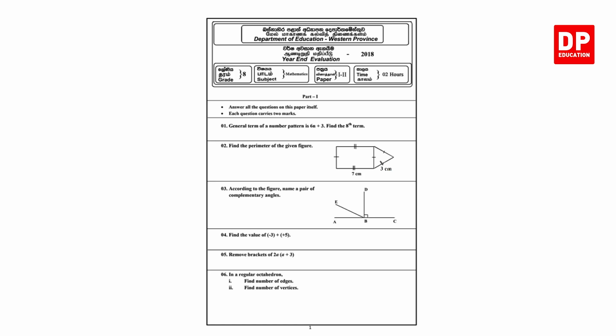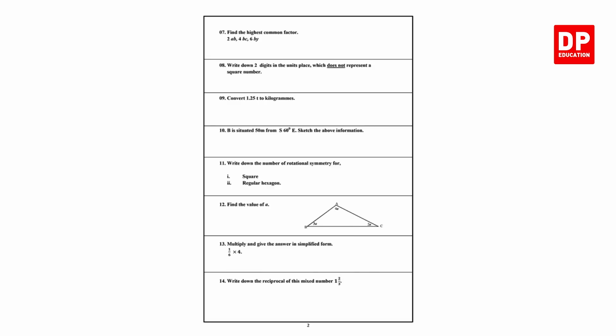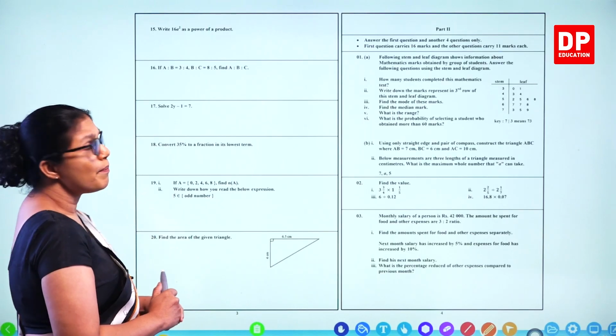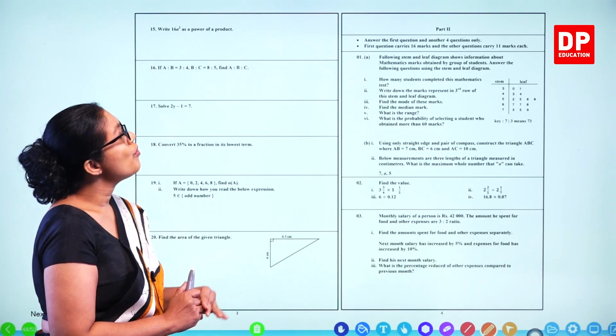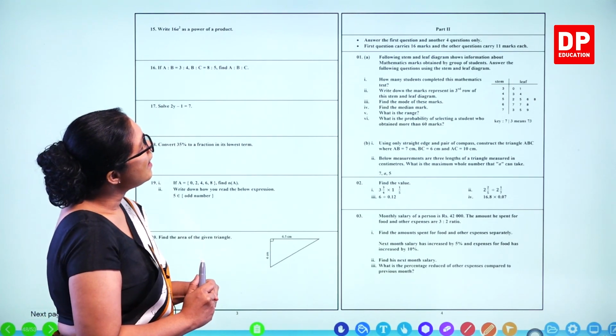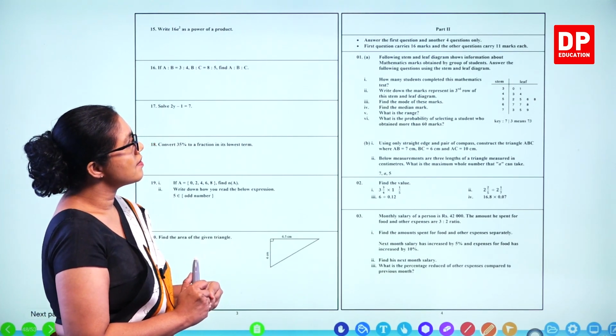On the first page you get 1 to 6. Next page 7 to 14. Then you get 15 to 20. Then part 2. In part 2 you have to answer the first question, and it's 16 marks.